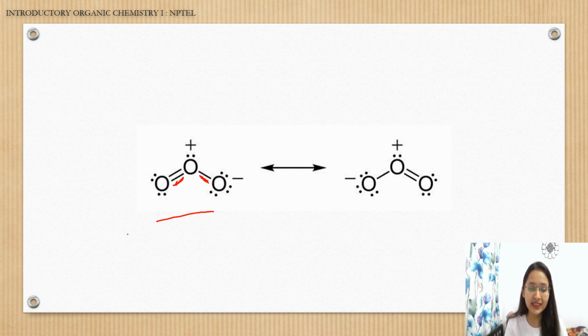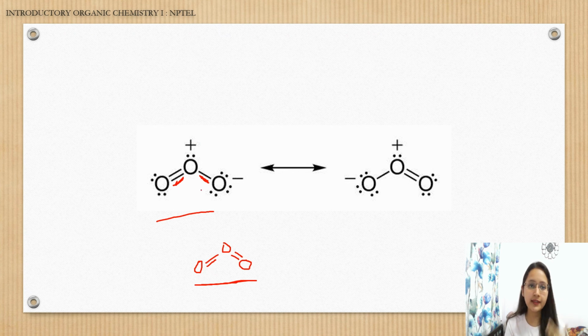So here you can see that you can have a double bond on one side, and here as well. These are the two forms that I am writing. Okay, this is oxygen, again this is oxygen, this is what ozone is.